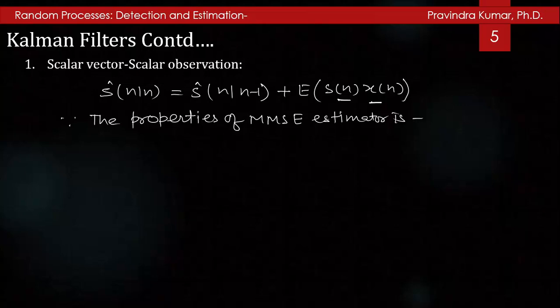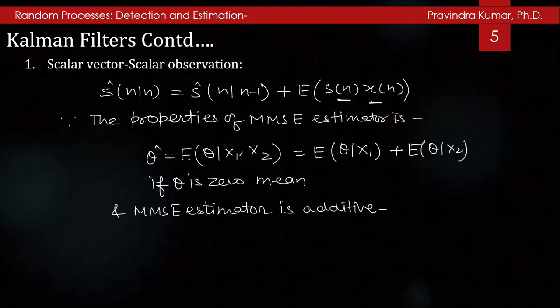Using the property of the MMSE estimator, theta cap will be the expected value of theta given x1, x2, which will be the conditional expected value of theta when x1 is given, plus the conditional expected value of theta when x2 is given. If theta is zero mean, the MMSE estimator is additive.